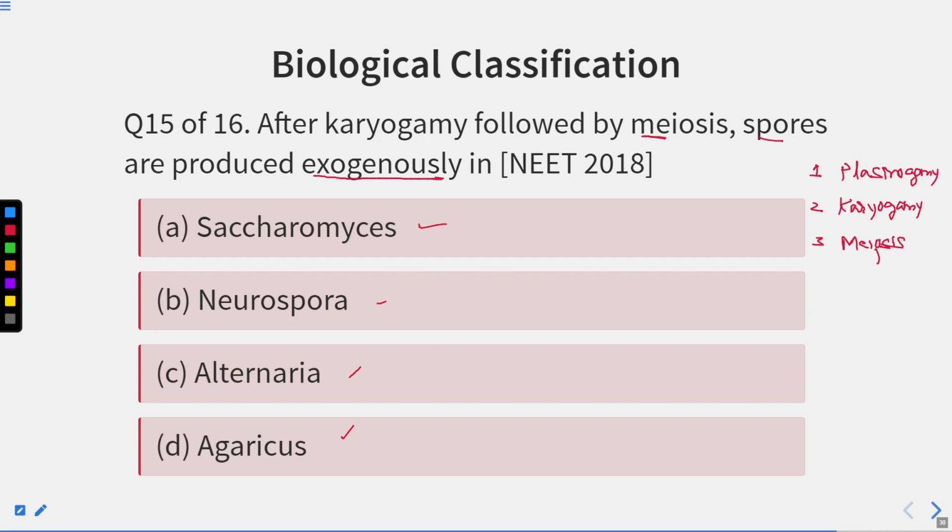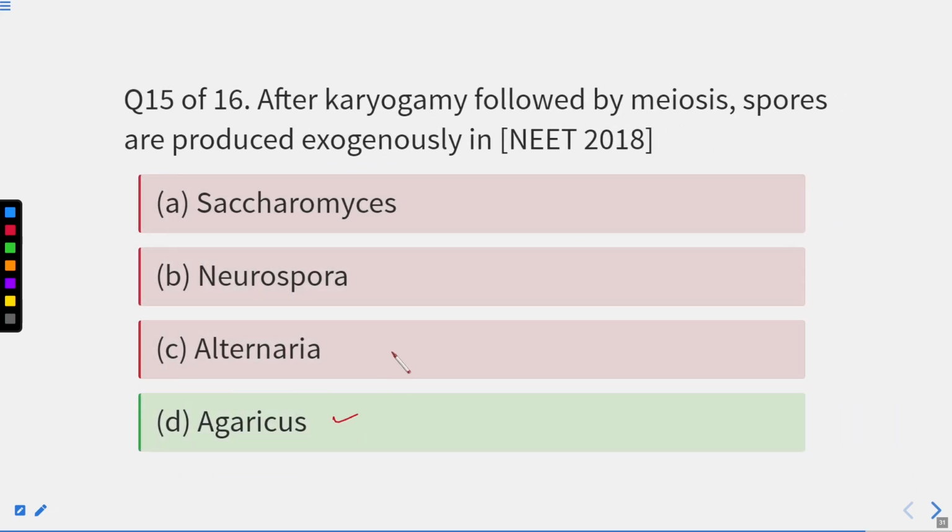After meiosis, what is formed? Spores are formed, which can be produced exogenously or endogenously. So here the correct answer is Agaricus. In Agaricus, spores are produced exogenously.